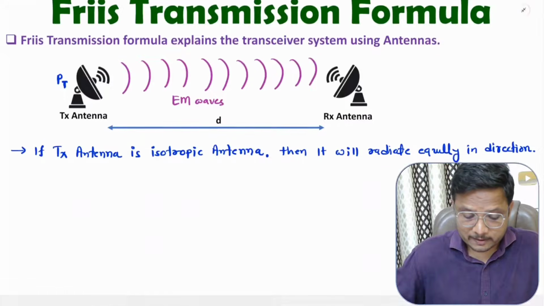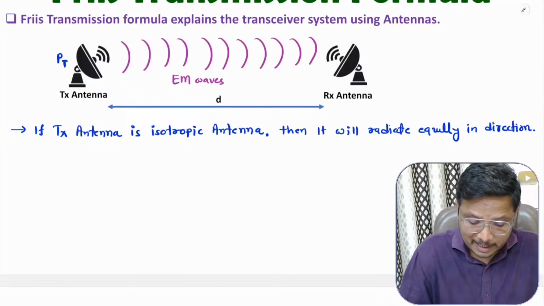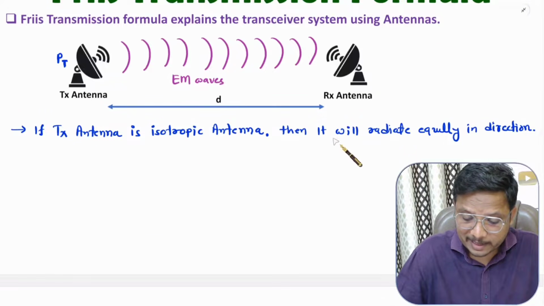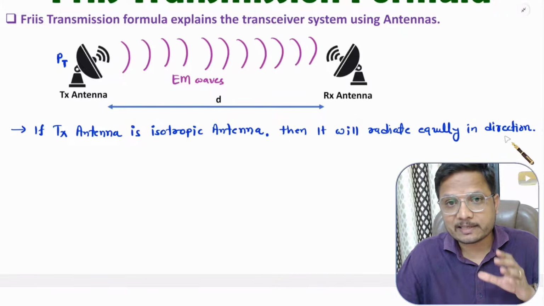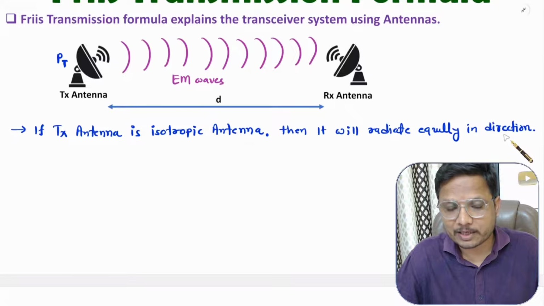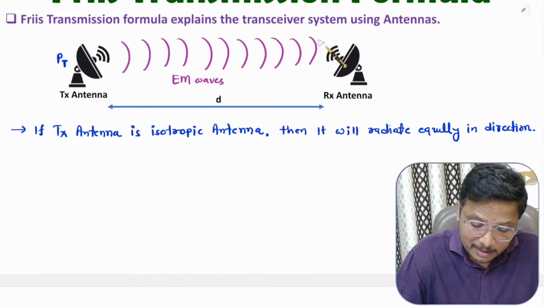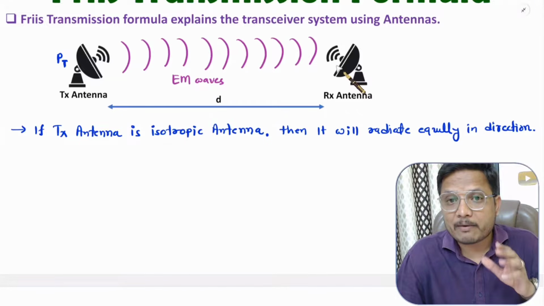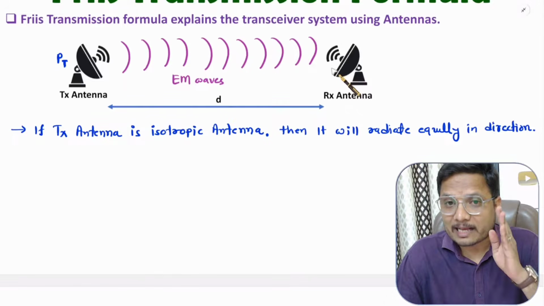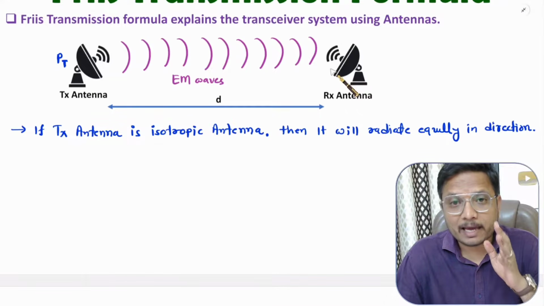So this transmitting antenna is an isotropic antenna, and it will radiate equally in all directions. Then what will be the power density at the receiving antenna? The average power density will be the transmitted power divided by area.